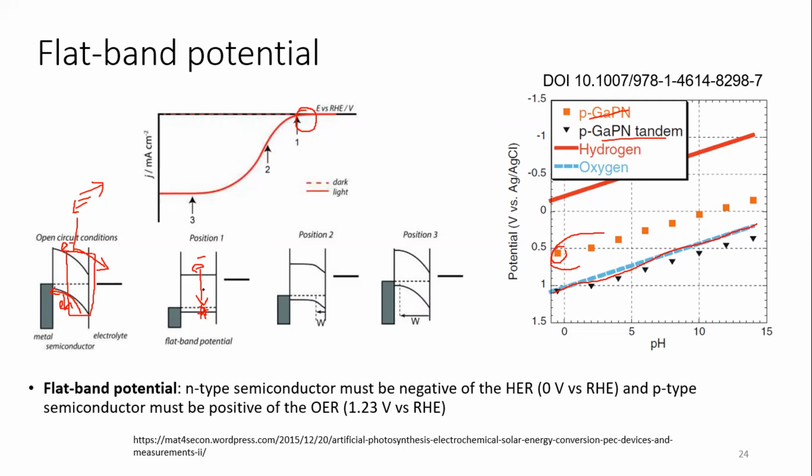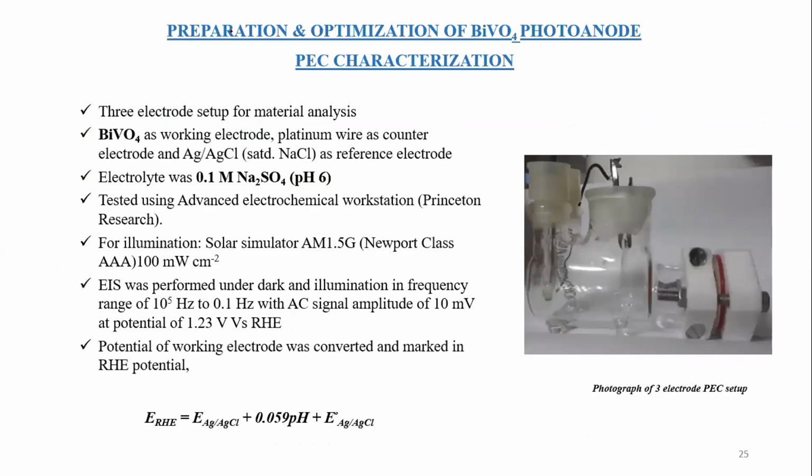In that case, one has to create this band bending by applying some external bias from the power supply. That's why, when you design your photoelectrode material, you should also consider the flat band potential values. It is an important consideration in semiconductor photoelectrode systems.